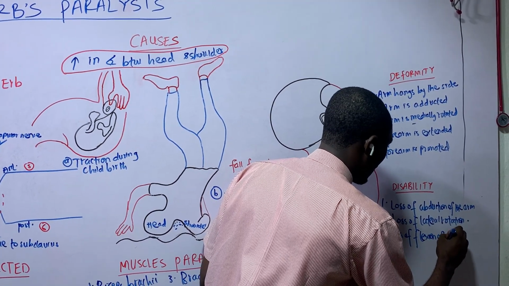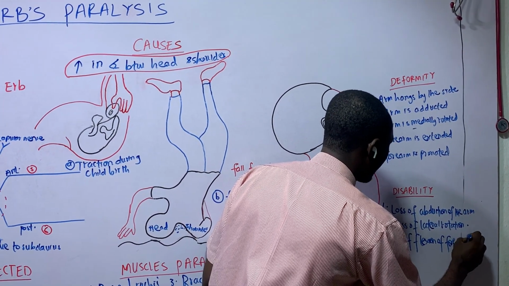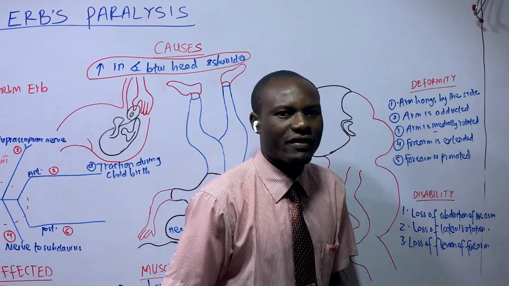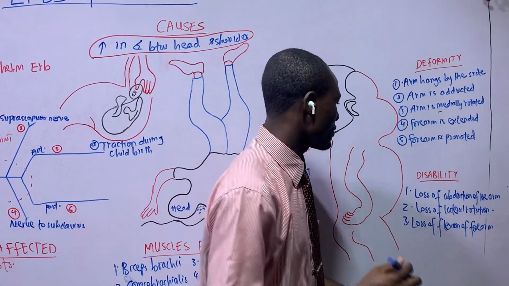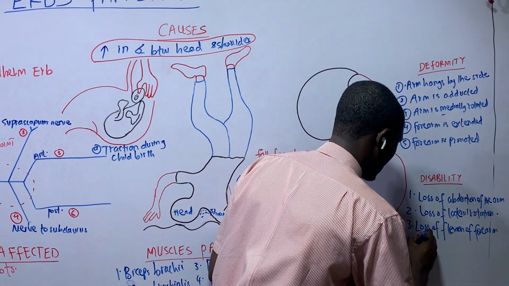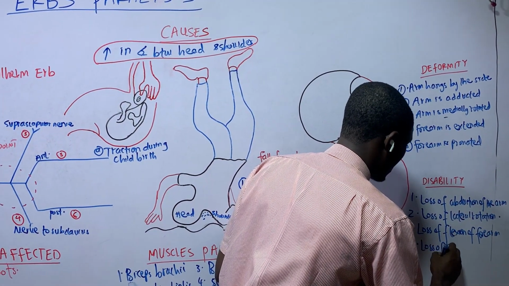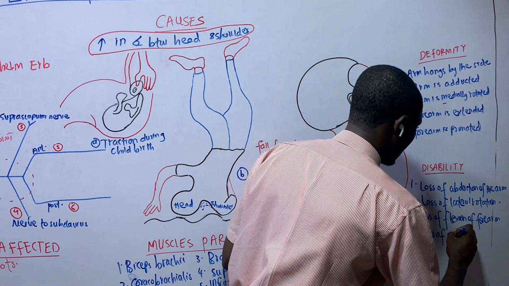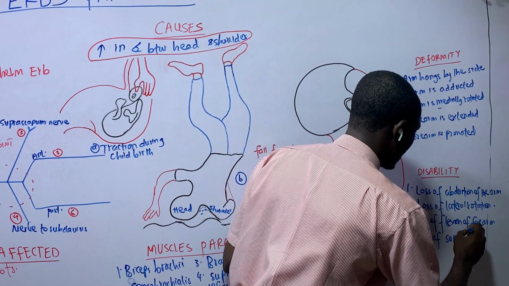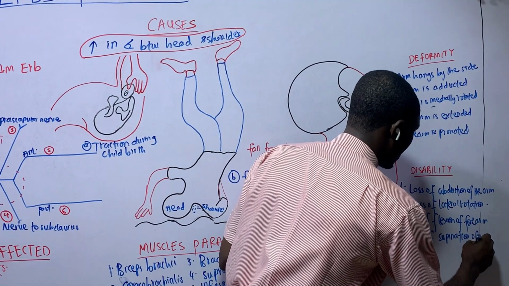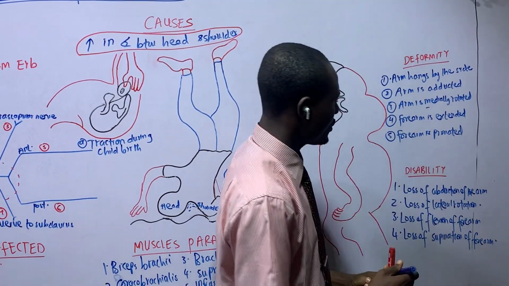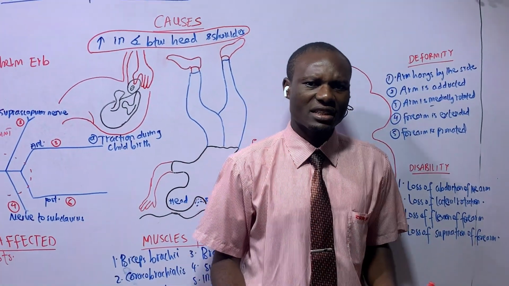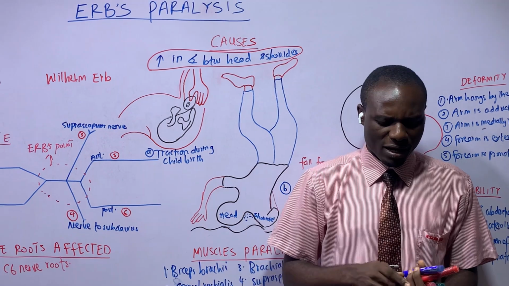And then the forearm is pronated. So there's loss of supination of the forearm. These are the various disabilities that arise from Erb's paralysis.